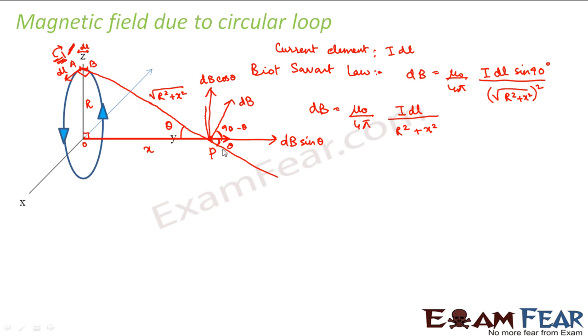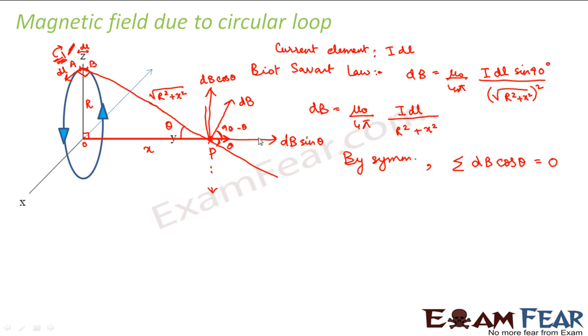Now what do we see? By symmetry, for all the other dBs, their horizontal component will be dB sin theta, but their vertical component for some of them will lie in this direction, so they will all cancel out. So by symmetry, the summation of dB cos theta will be equal to 0, because as you keep considering more small elements dl, you keep getting more dB, and you resolve all of them into dB sin theta and dB cos theta.